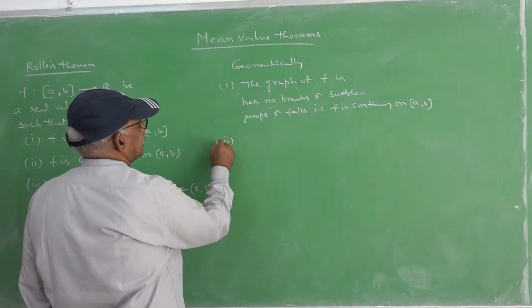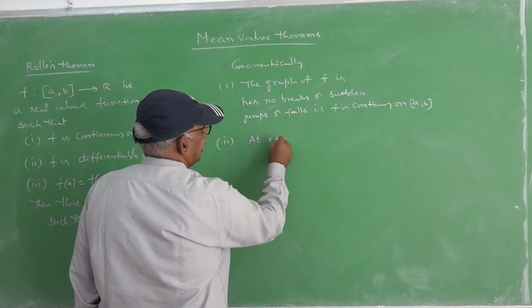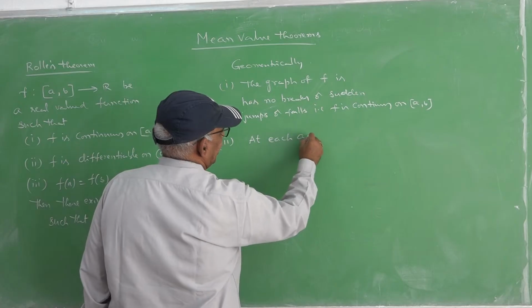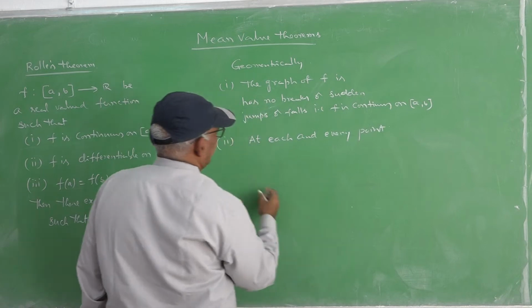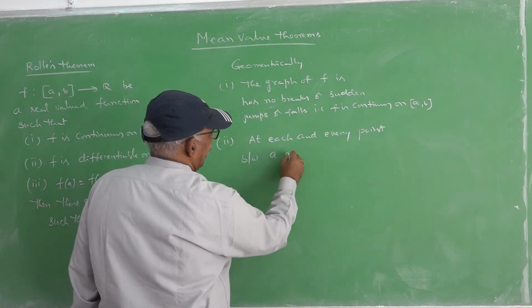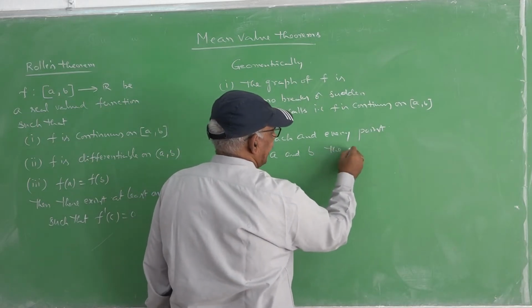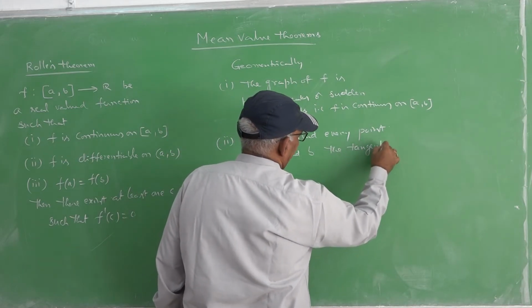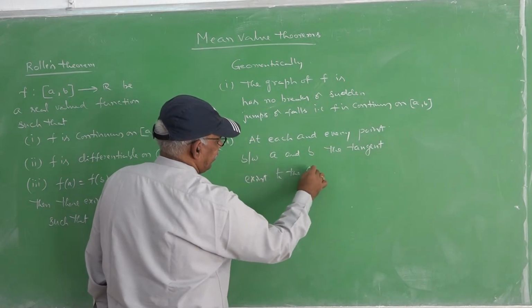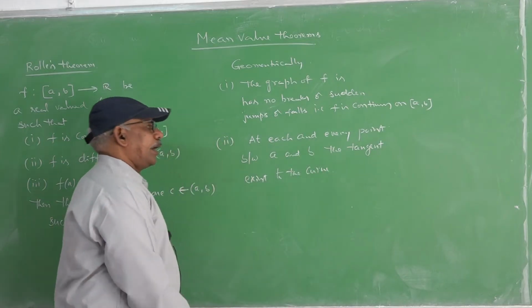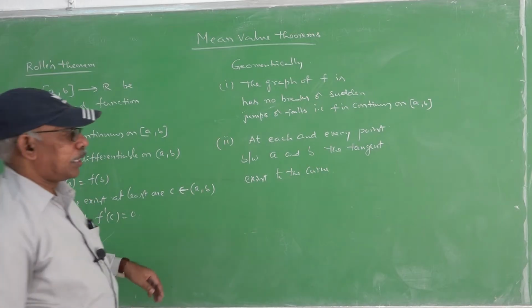The second one is at each and every point between a and b, the tangents exist to the curve.